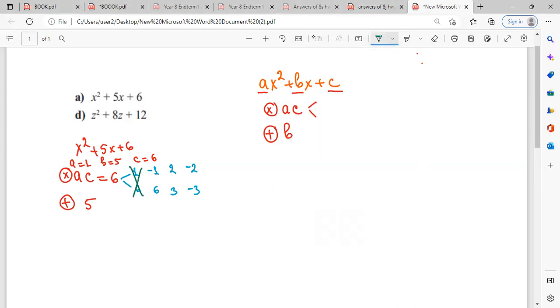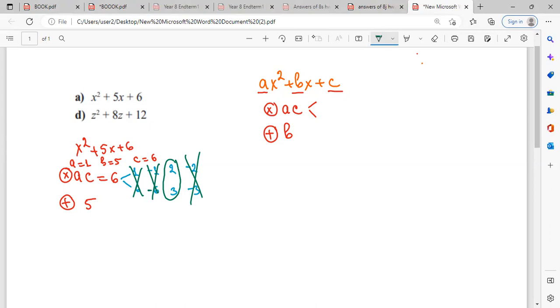No, that's why this one's not. You should get 2 and 3. When you add them up, you get 5, so automatically you eliminate the rest of the answers.